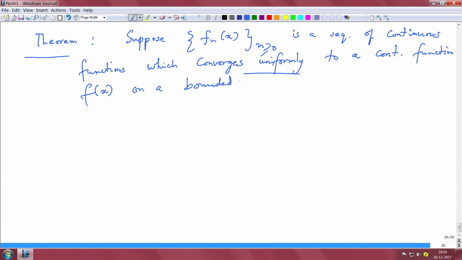This is a small twist here. It is a bounded interval. Let us suppose it is the closed interval a to b.